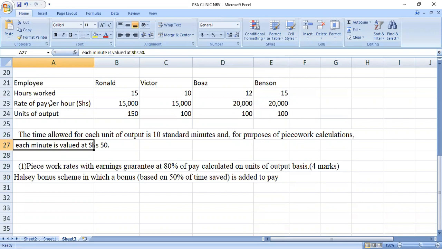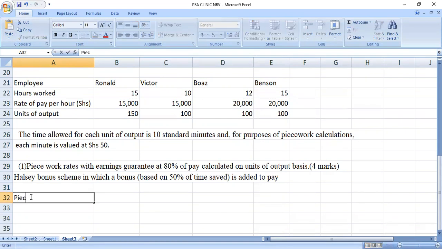Now you look at the output per time, per cost. For piece rate, what we're interested in is the output, which was given.